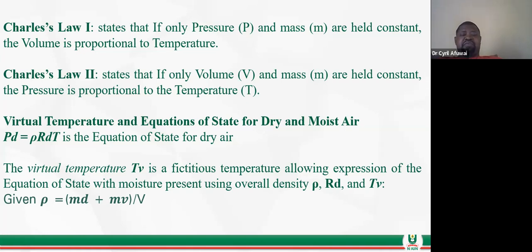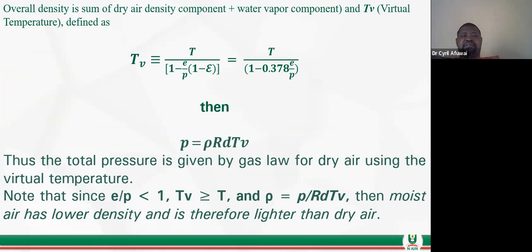Now, the virtual temperature T subscript V is a fictitious temperature allowing expression of the equation of state with moisture present using overall density rho, Rd, and TV, where rho, the overall density, equals MD plus MV all over volume V. Now the overall density is the sum of the dry air density component plus the water component.